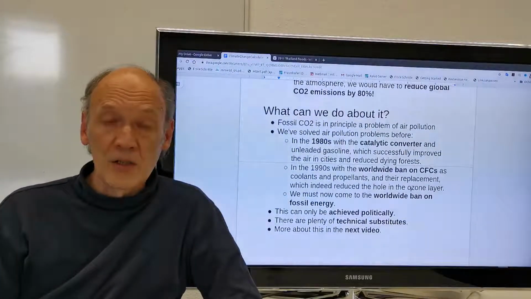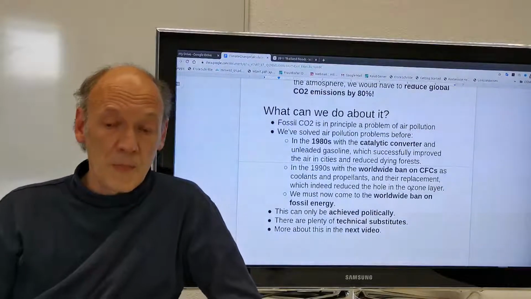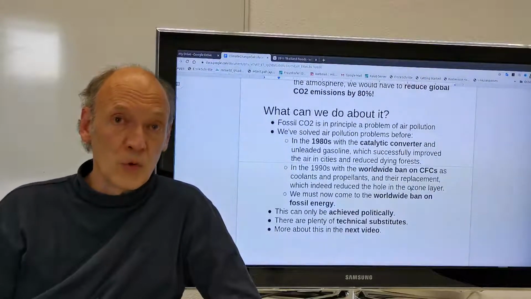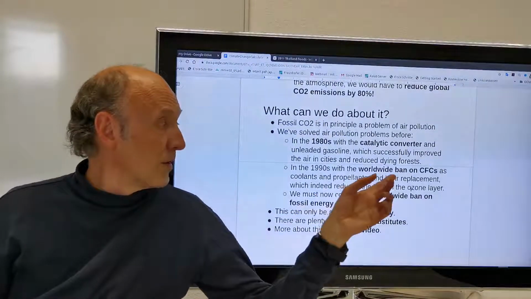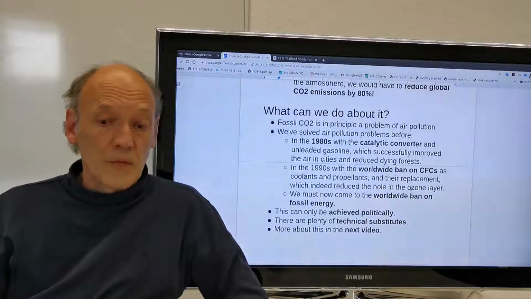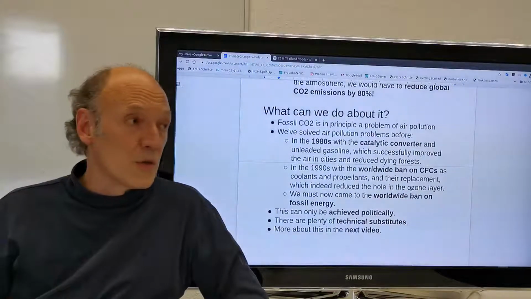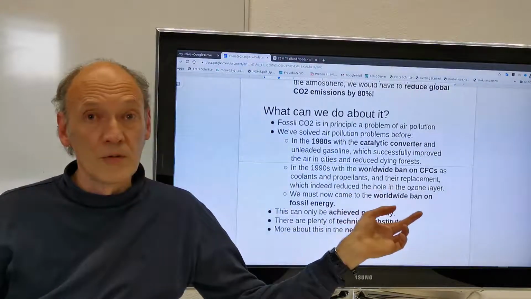So this is actually an example where a worldwide ban worked and where we actually managed to have a worldwide ban, right? All the countries worked together in this worldwide ban on CFCs. So I'm wondering why we are not just doing the same with fossil fuel, right?